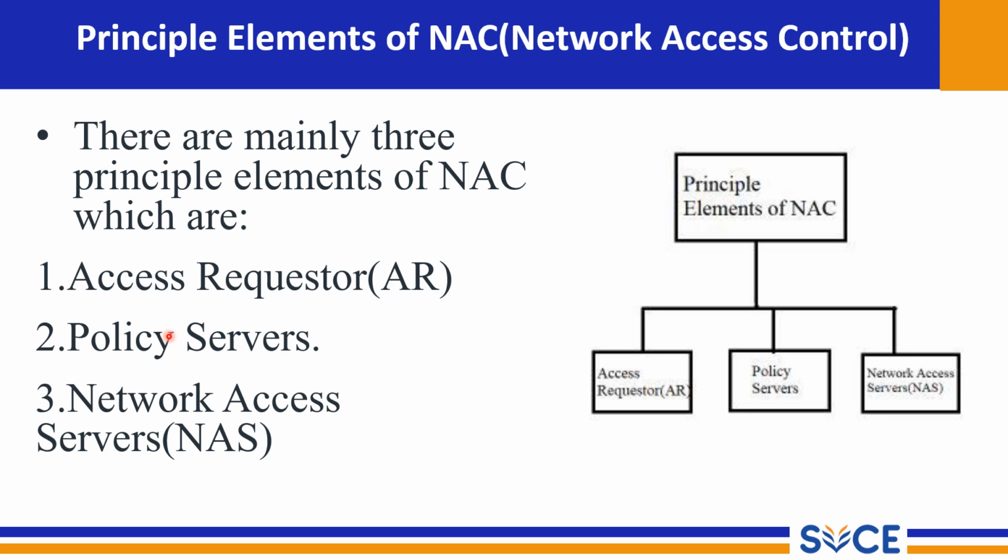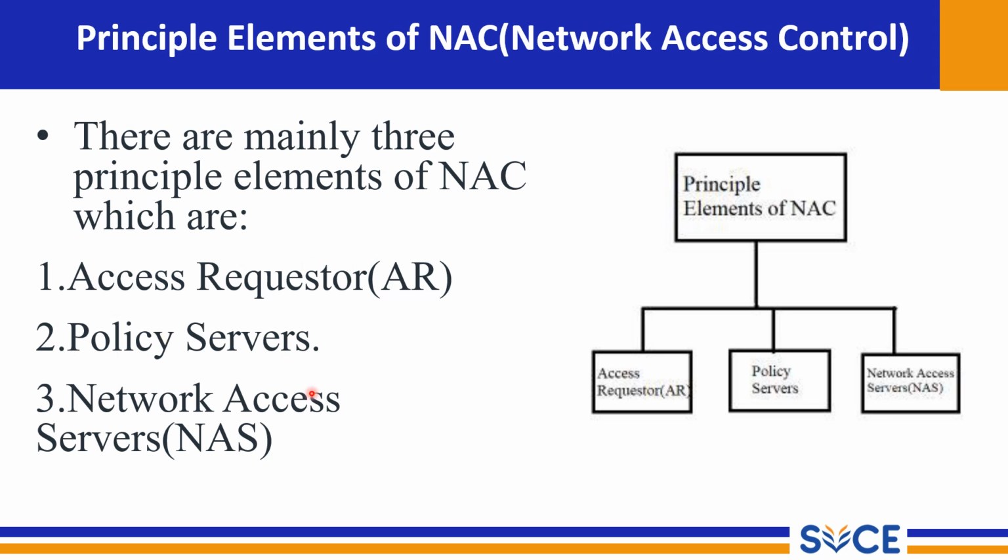It might be any device handled by the NAC system, such as a server, camera, printer, and other IP-enabled devices. And the AR, that is access requester, is also known as supplicant or client at times. AR ensures that no entity has illegal access to the protected resources. To get access to these resources, AR must follow the organization-specific guidelines or policies.